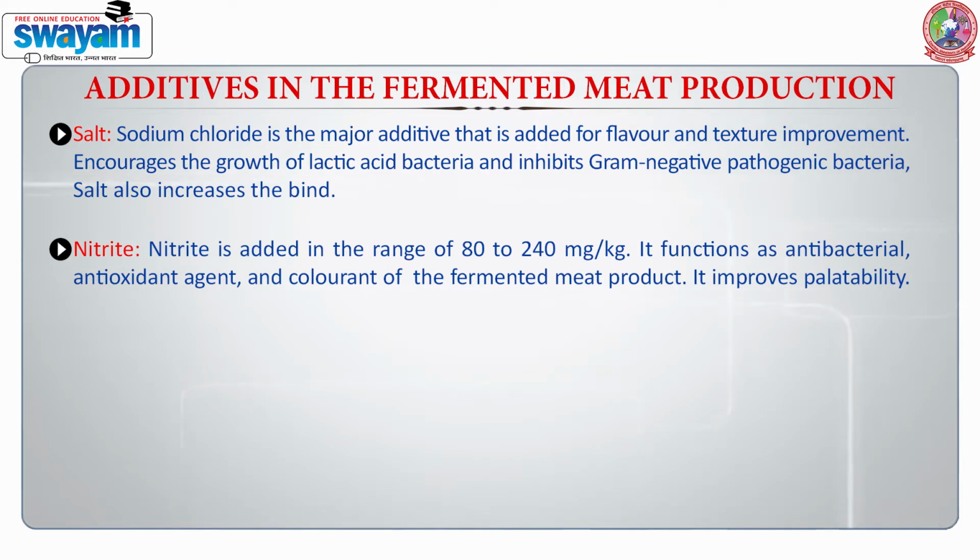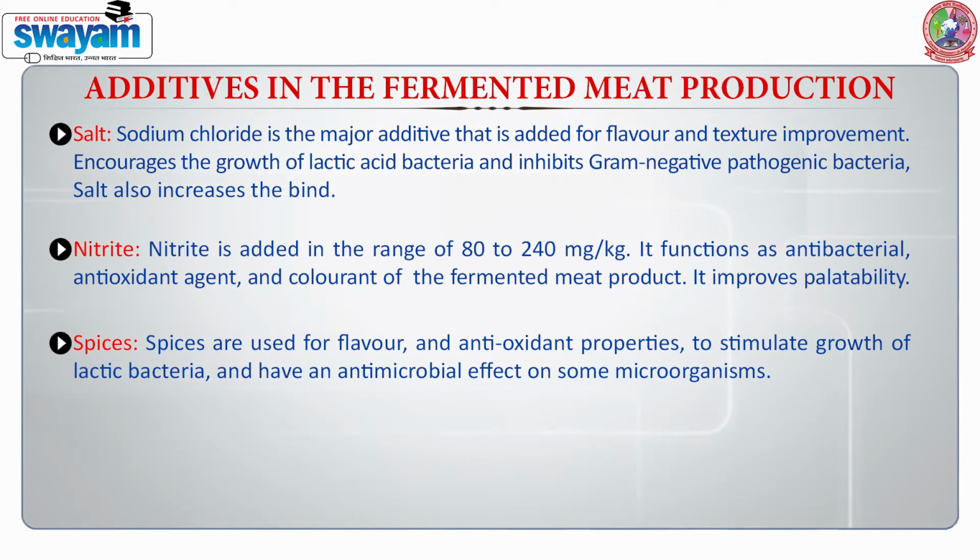Nitrite is added in the range of 80 to 250 milligram per kg of the substrate. It functions as an antibacterial, antioxidant agent and a colorant to the fermented meat product. It improves the palatability. There are also certain spices which impart flavor and also add antioxidative properties to the product. They stimulate the growth of lactic acid bacteria and also have antimicrobial effect on the undesirable microorganisms.